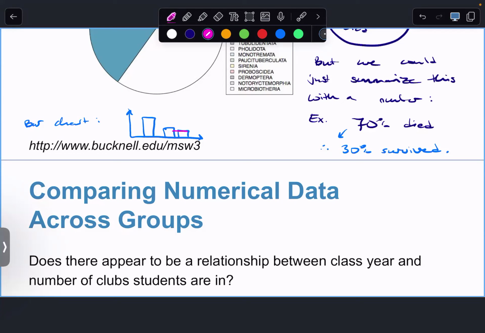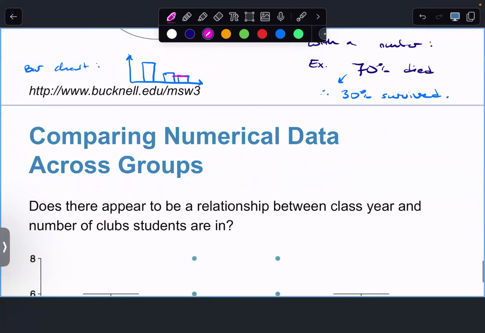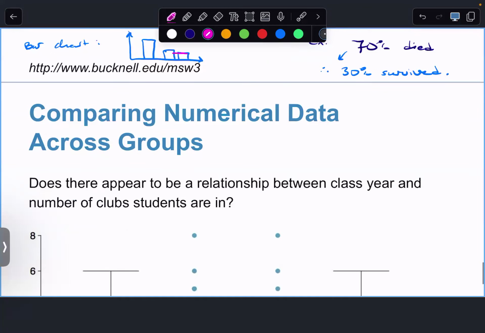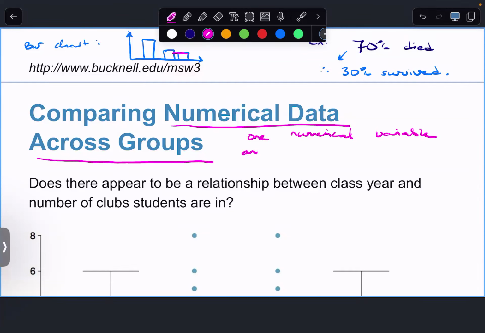And then stacked bar charts or some version of that for two categorical variables. I said that wrong, but now we've got one numerical variable and one categorical variable.